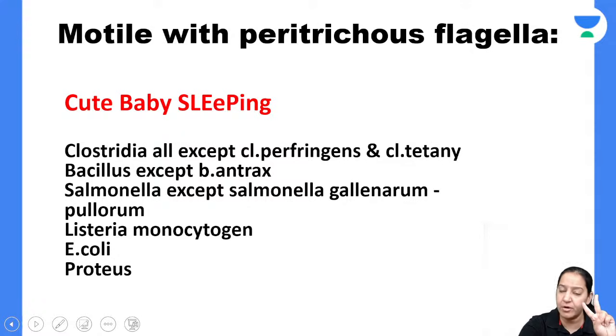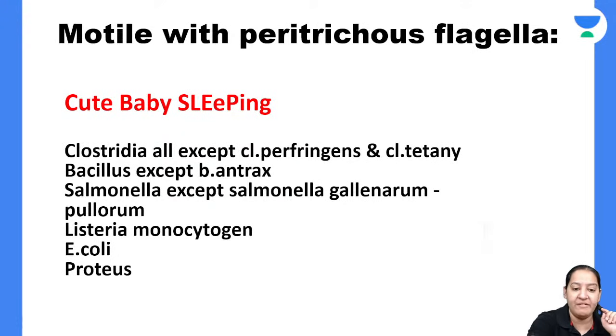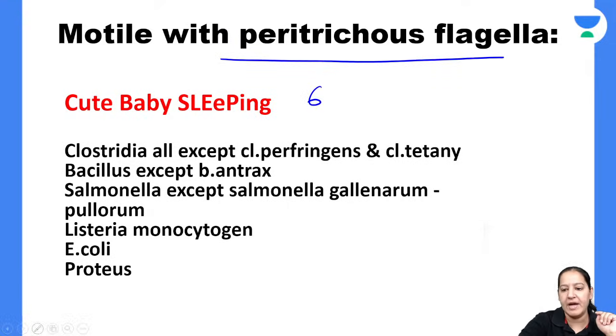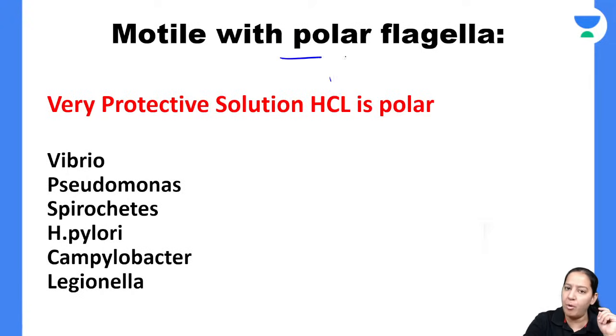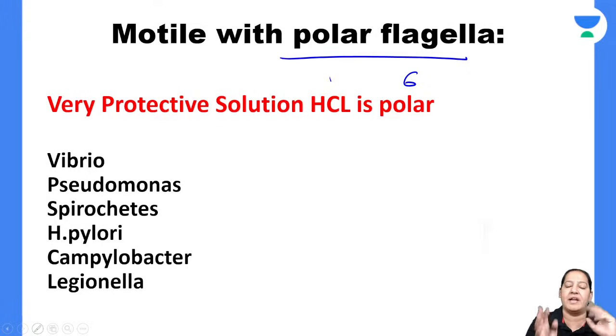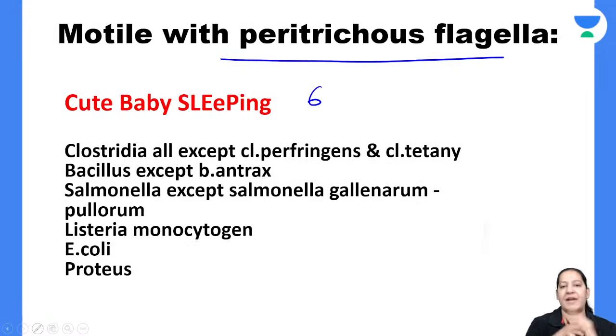So I am going to give you 2 mnemonics. The bacteria which are motile by peritrichous flagella, there are 6 bacteria, and the bacteria which are motile by polar flagella, again there are 6 bacteria. So 6 plus 6, there are 12 bacteria which are motile in total.